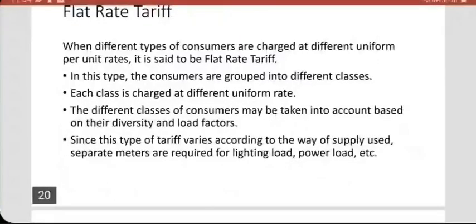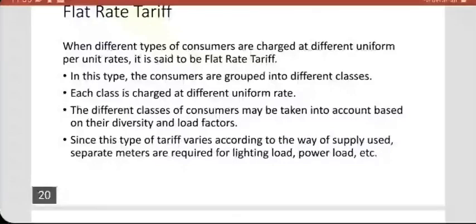Flat rate is what they charge depending on the kind of customers. This is more for industry, not for domestic customers. Some customers have poor power factor. That means they are wasting power. They are put in a different category. They are charged higher. Some customers have constant load.